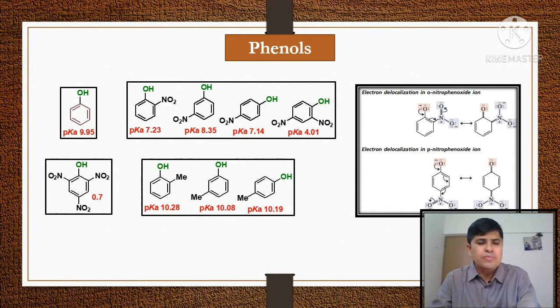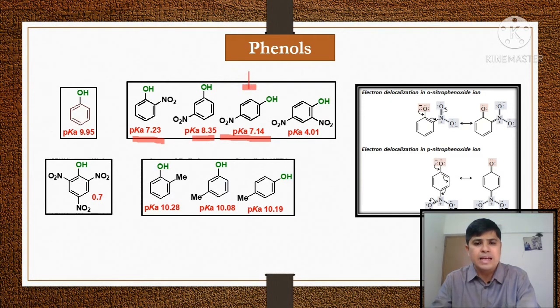Orthonitrophenol has pKa 7.23, metanitrophenol has pKa 8.35, and paranitrophenol has pKa 7.14. So if we have a series of orthonitrophenol, metanitrophenol and paranitrophenol, which is more acidic? Paranitrophenol is more acidic than orthonitrophenol, and orthonitrophenol is more acidic than metanitrophenol.